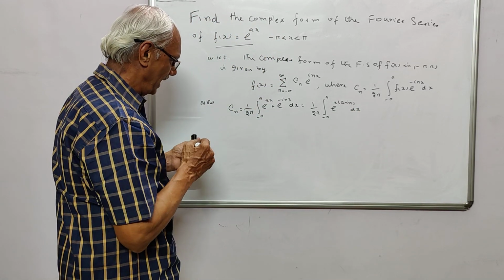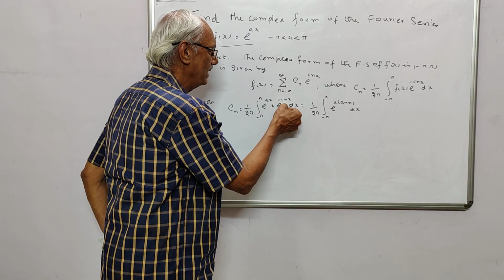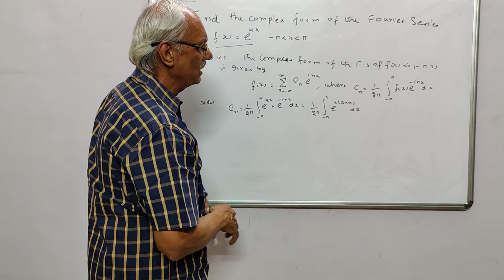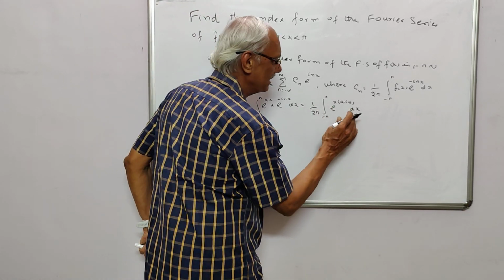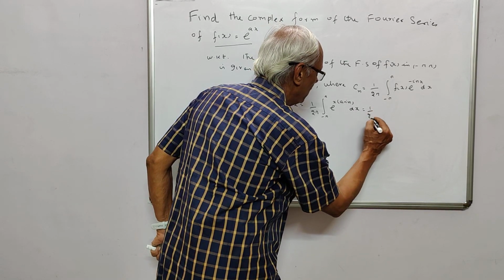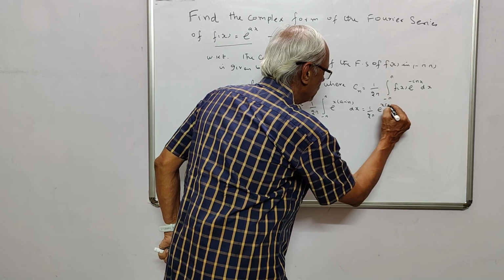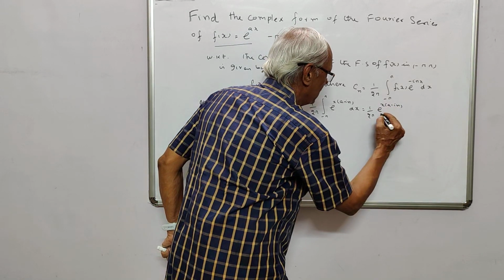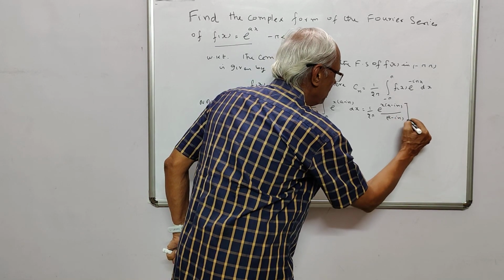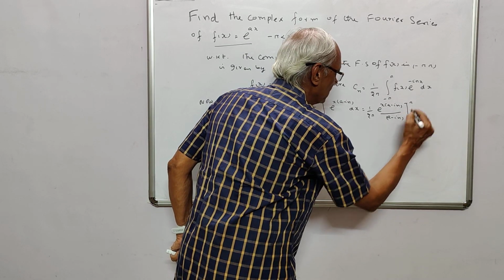So this is what you will have here, that is, e to the power of ax and e to the power of minus inx, and x is common, you pull that out and you will get this. Now the integration of this is very, very simple. So what is it equal to? It is 1 by 2 pi, e to the power of x into a minus in, divided by a minus in, with the limits minus pi to plus pi.